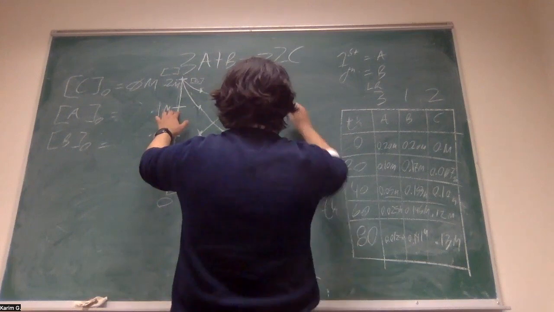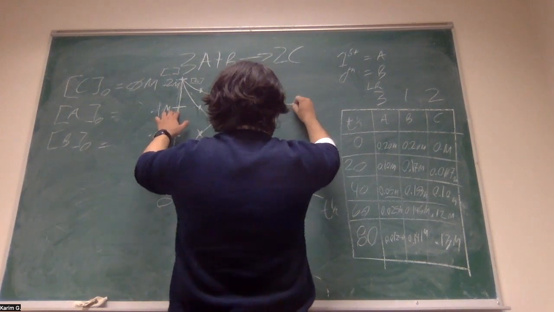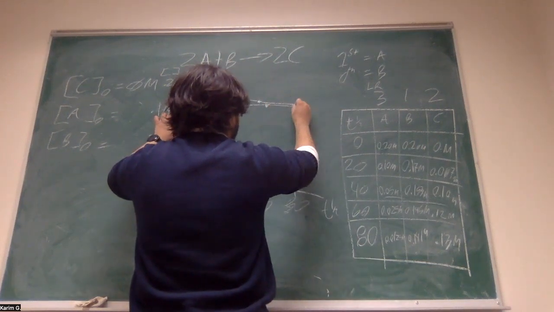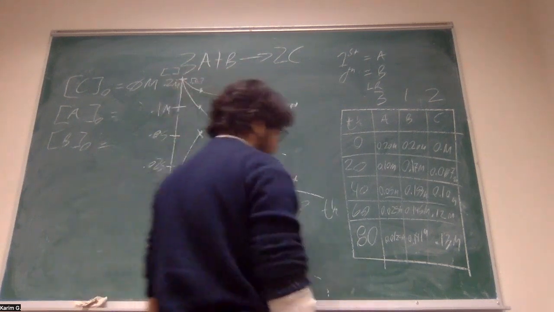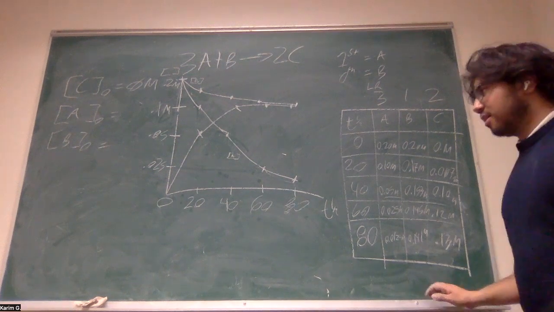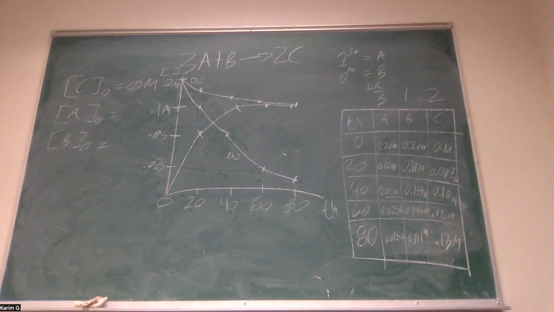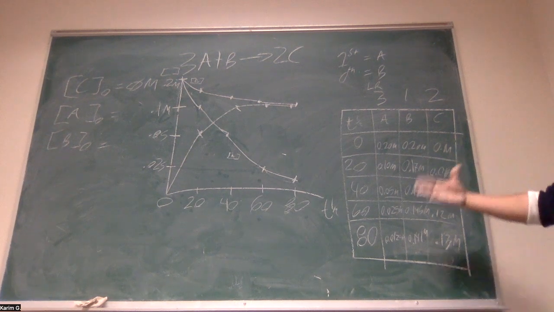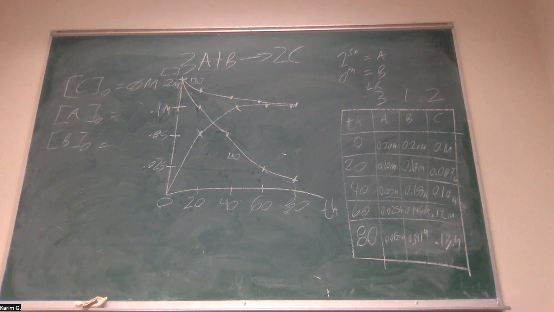And then 0.13, which is a little above at 80. Something like that. Where it's clear that A depletes 3 times as fast and B 3 times slower. And C is produced 2 times as fast. So again, that's why I said that the points should not be that important, right? It's just to get the rough idea of where everything is.